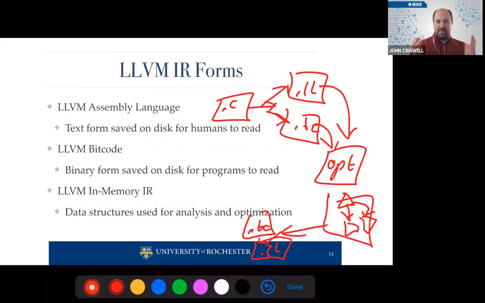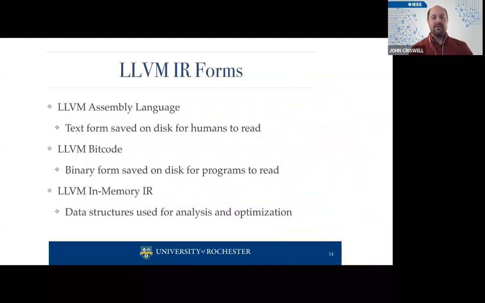So with LLVM, we have the in-memory representation, which is what the tools we're going to build are going to modify. And then we have the persistent storage versions, which we can stream in when we're reading input bitcode, or stream out to save our program for later analysis, optimization, and transformation.